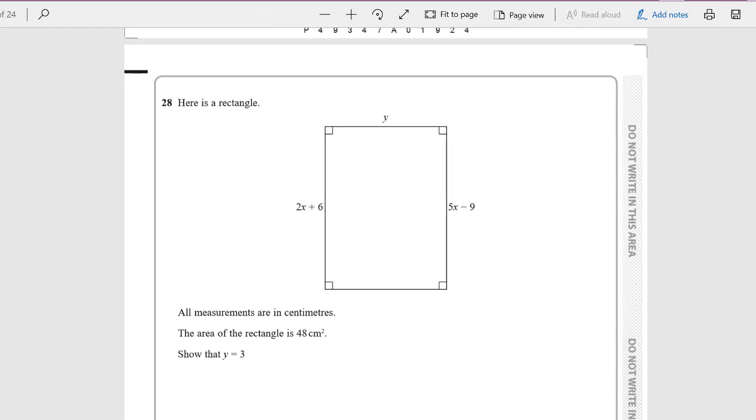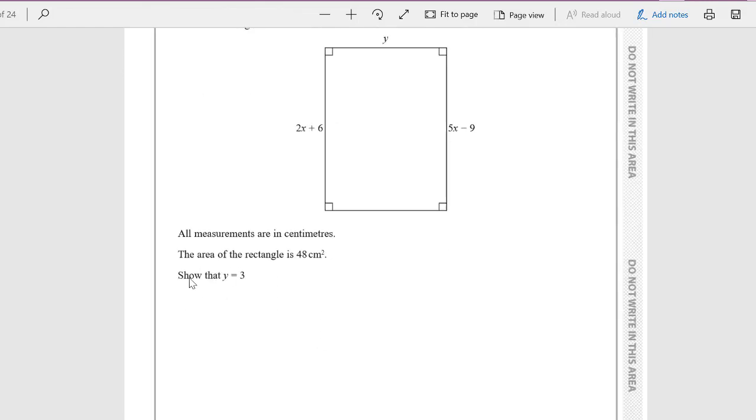So question 28. So it says here is a rectangle, and you can see it's got width y, length 5x minus 9 on this side and 2x plus 6 on this side. And so all the measurements are in centimeters, and the area of the rectangle is 48 centimeters. So it says show that y equals 3.